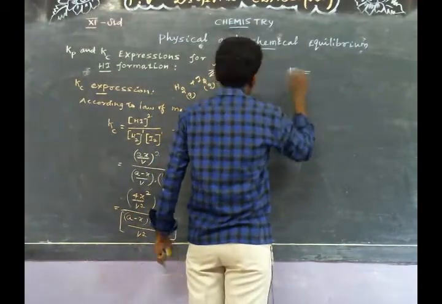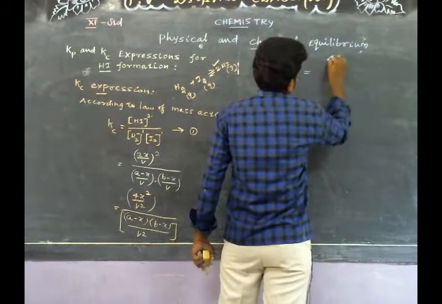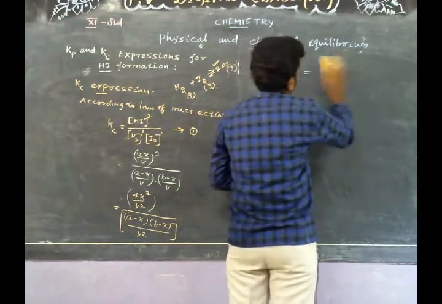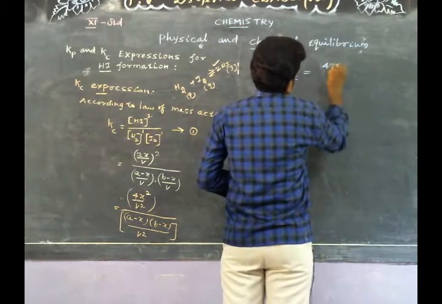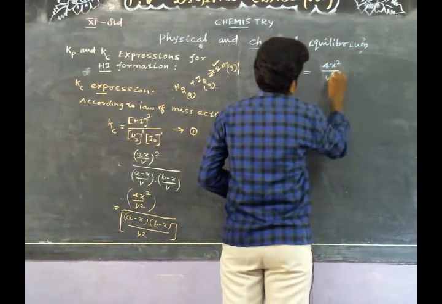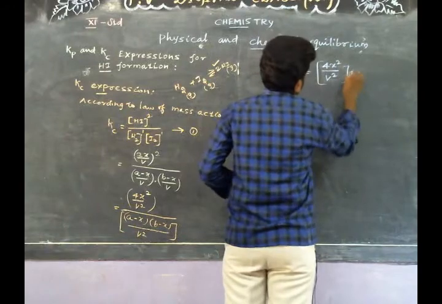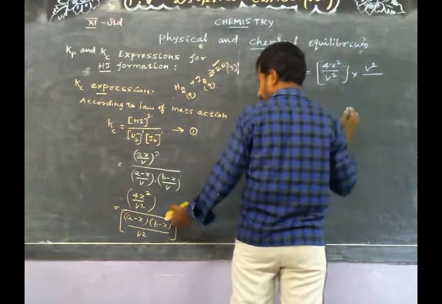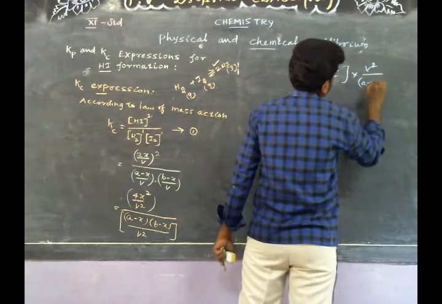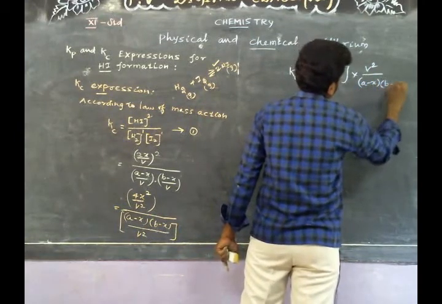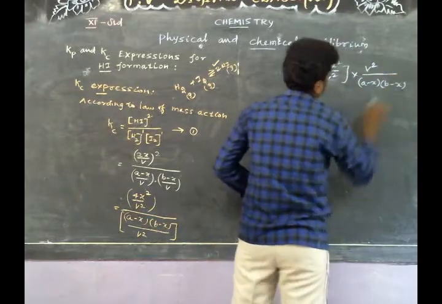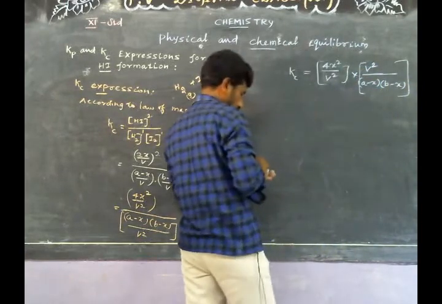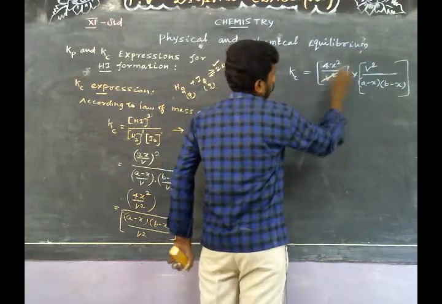Kc is equal to 4x square divided by V square into V square divided by A minus x into B minus x. V square, V square cancel.